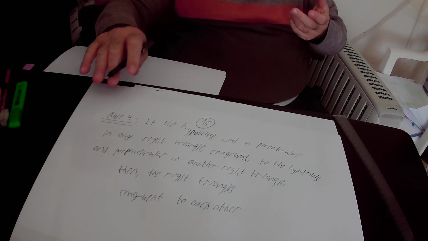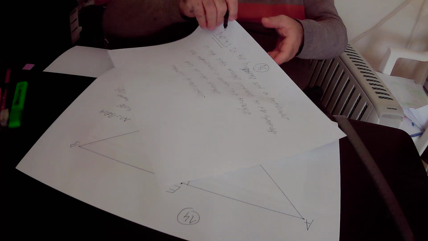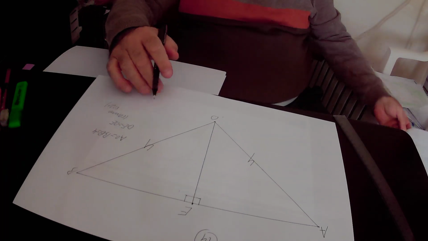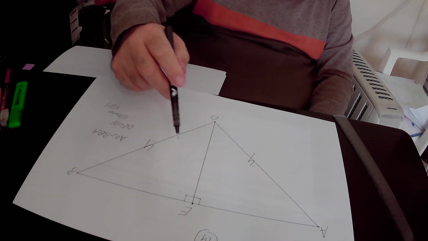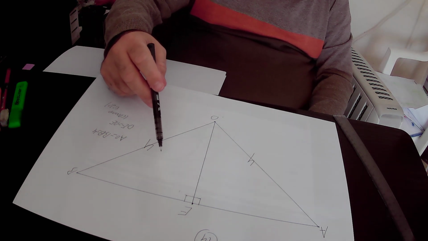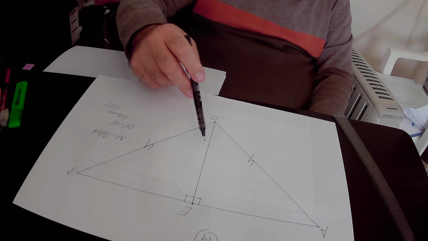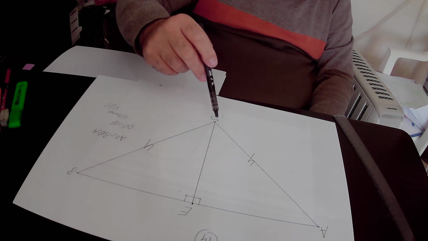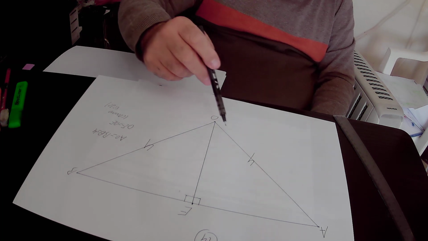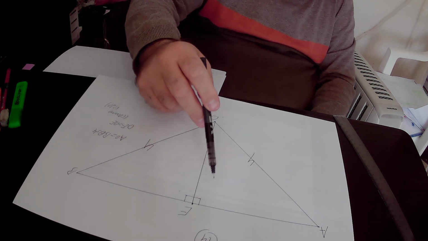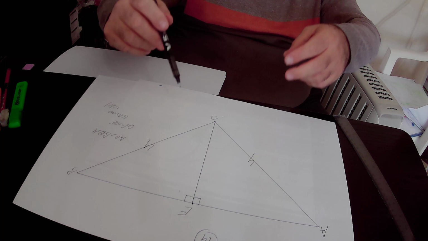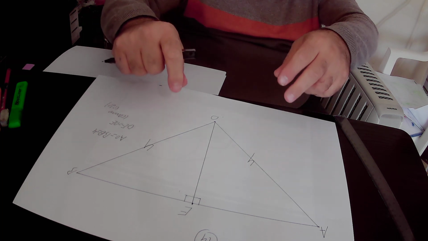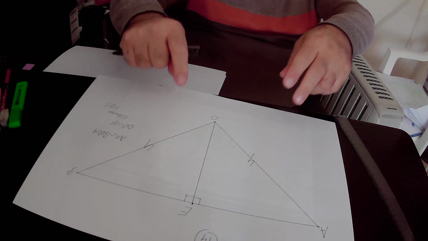So we actually proved that the hypotenuse OB and the perpendicular OE in the right triangle OEB are congruent to the hypotenuse OA and the perpendicular OE in the right triangle OEA. Therefore, we proved that those two right triangles are congruent to each other according to rule number 4.